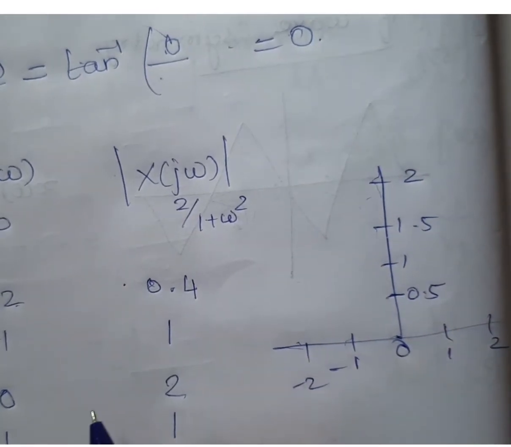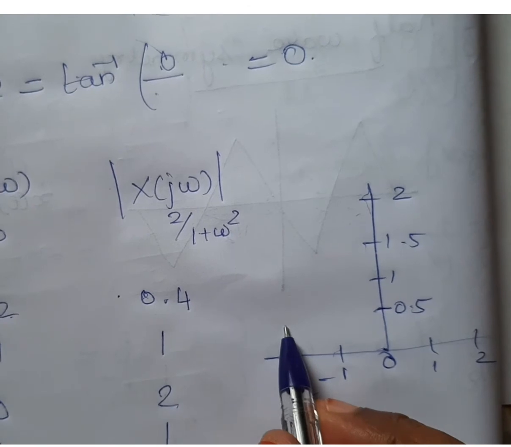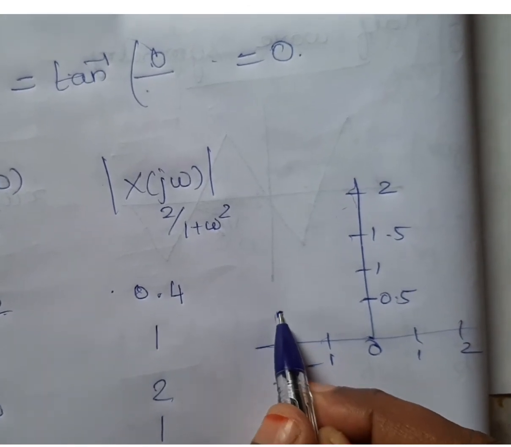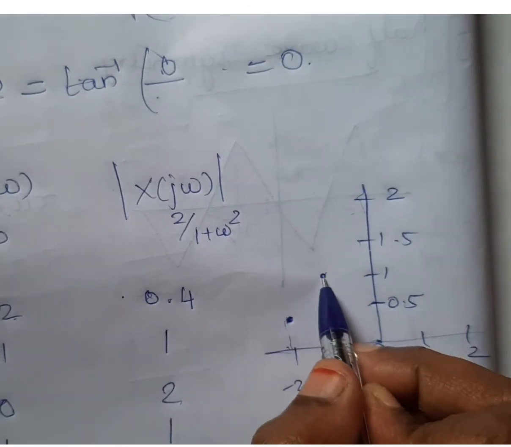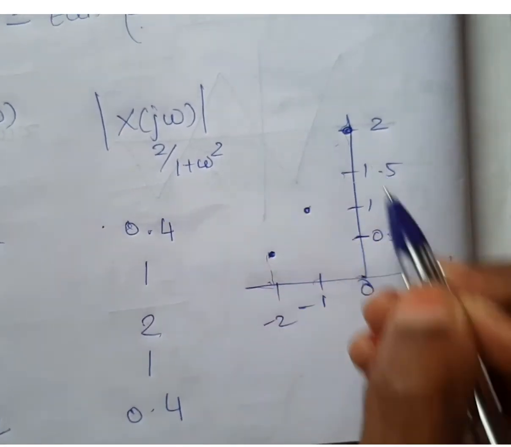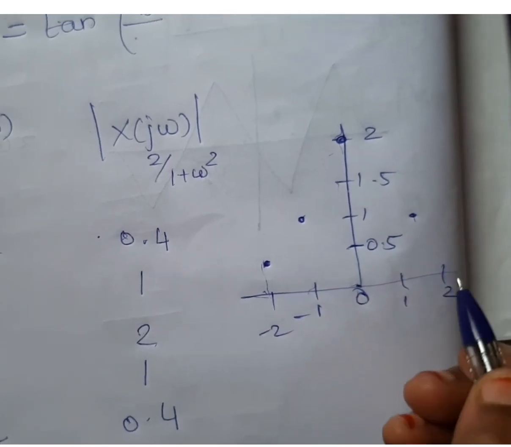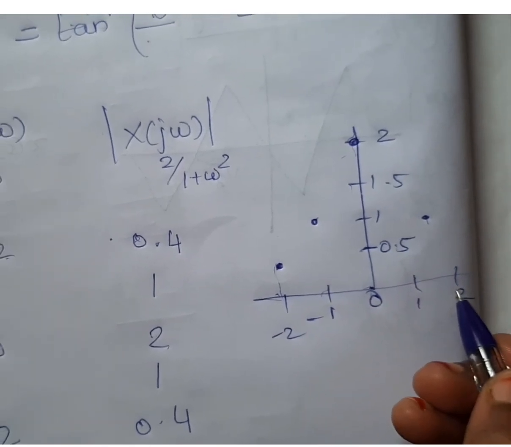Okay, so for -2 what is the value? 0.4. So for -2 the value is 0.4. Okay, so for -1 the value is 1 here. Okay, and for 0 what is the value? 2. Okay, and again for 1 the value is 1, and for 2 what is the value? 0.4.